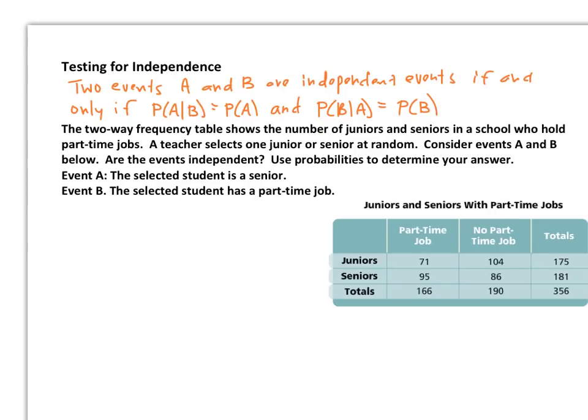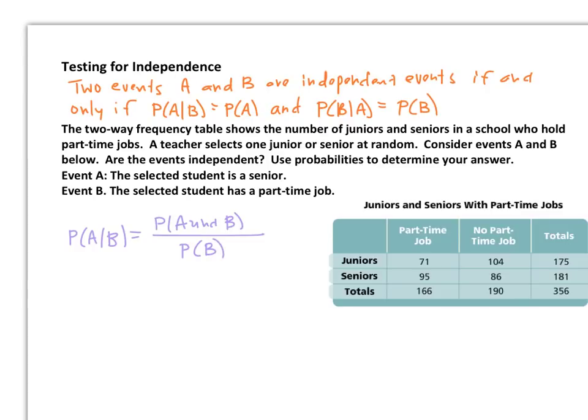All right, so if these are going to be independent, we need to find the conditional probability. So let's start with this first piece here. We want to find the probability of A given B. So this is the probability of A and B divided by the probability of B, our given piece there.